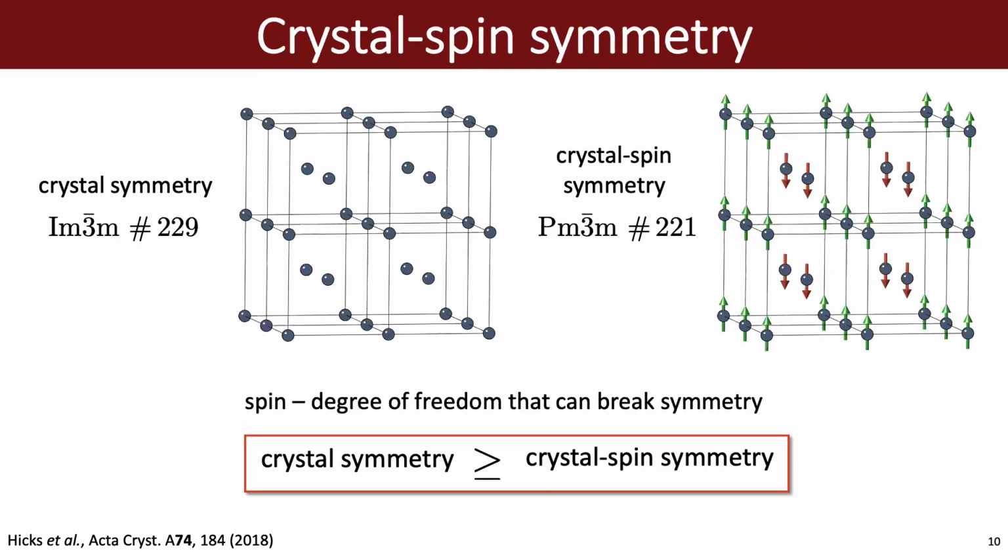Okay, so another analysis that we can perform is that we can consider the crystal spin symmetry. So for example, let's say we have this crystal system here, and if we analyze its symmetry, it has space group 229. However, if we add in the magnetic moment, so again, if we have spin, we can actually see that if we have spin up on the corners and spin down on the center, this can actually break or lower symmetry. And so in general, the crystal spin symmetry will be a subgroup of the crystal symmetry.